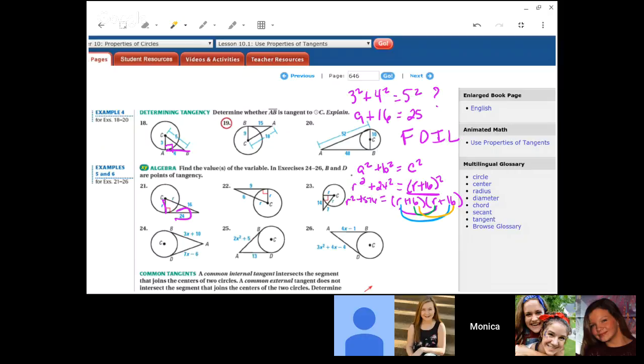So when we do that, first is the purple, okay, r times r, which is r squared. And then next is outside, okay? So that is going to be r times 16. You see it?